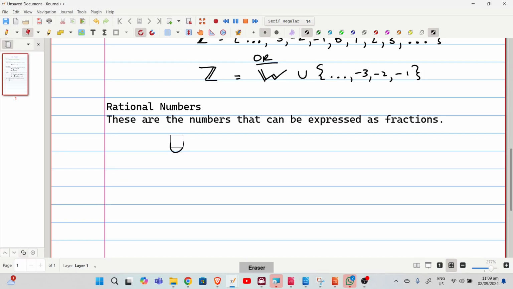So you have a circle with the Q, and then you do some brackets from the top to the bottom of your Q. Anyway, as long as we can write a number in the form of P over Q, such that P and Q are integers.